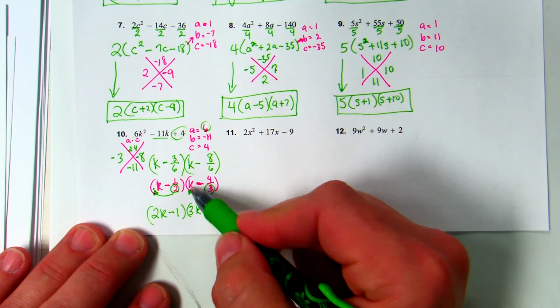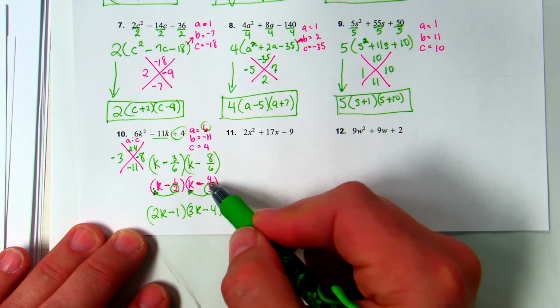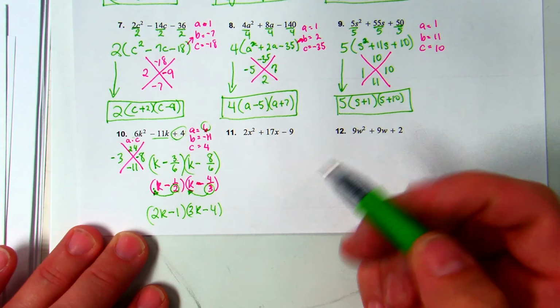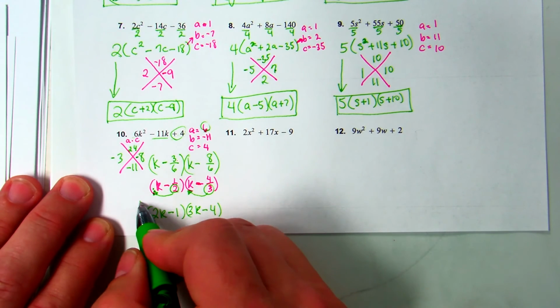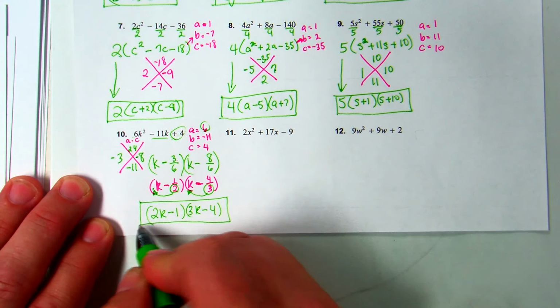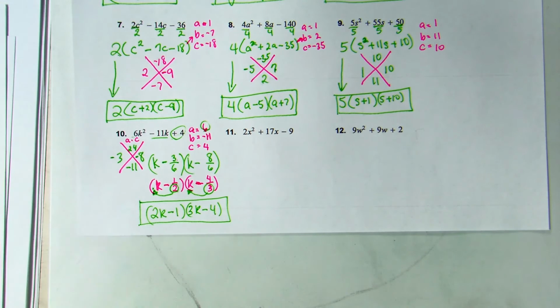And if I multiply it times 3, well then it's 3 times k, and 3 times 4/3, and the 3's become a 1, so it leaves me with 4. Okay? And this gets us in a non-fraction factored form. Say that 5 times real fast. Non-fraction factored form. I'm not going to even try.